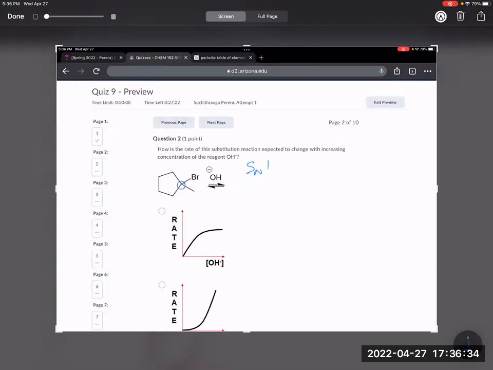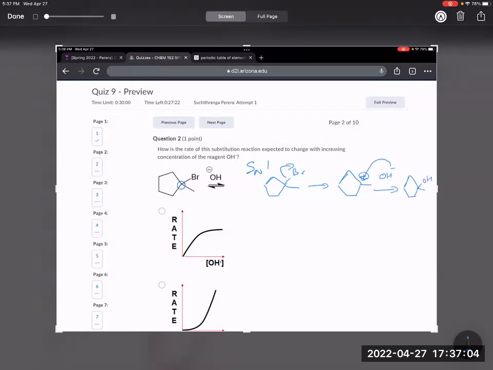If you remember the SN1 mechanism, the first step is to generate the carbocation. Here's the first step: this is going to leave, and as a result you get the carbocation, which does not involve OH minus. In the second step, the OH minus comes in, attacking the carbocation in a nucleophilic attack, generating your product, which is this.